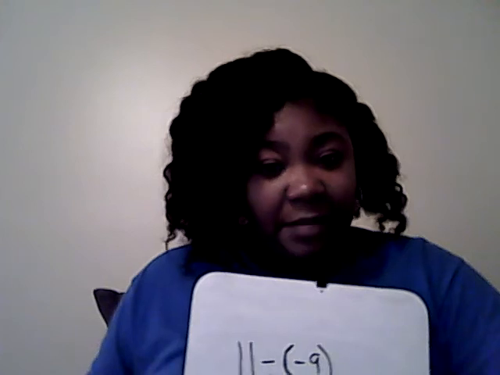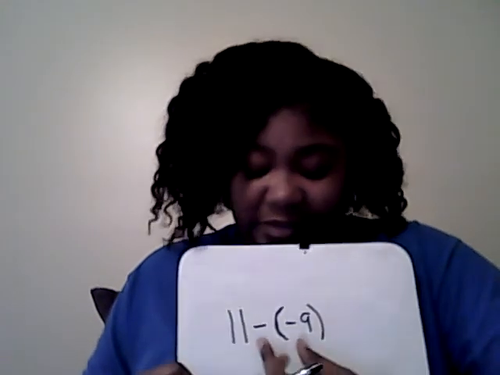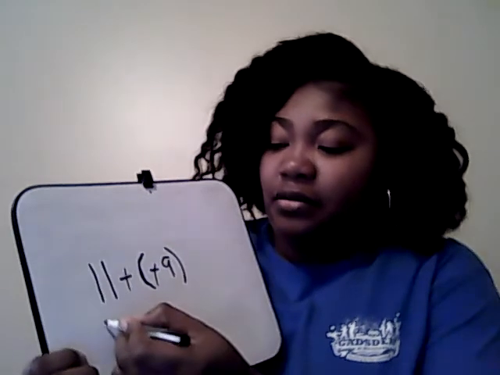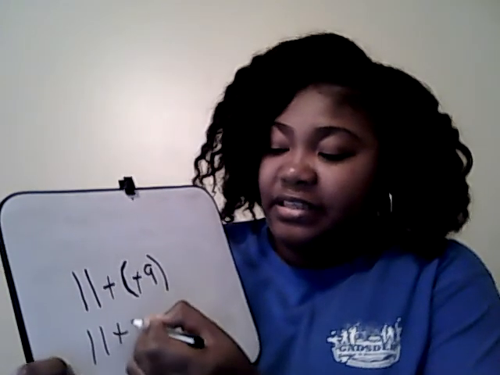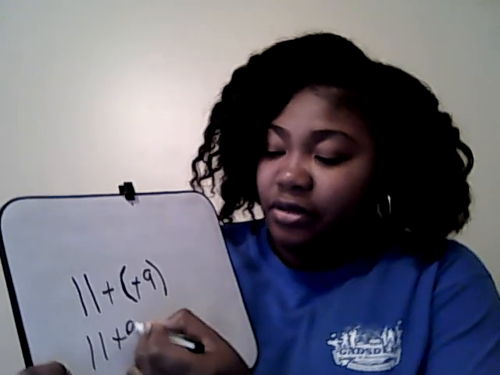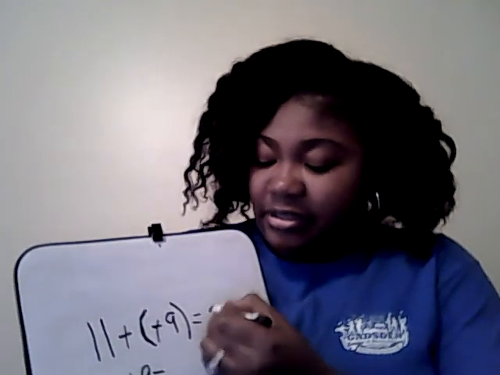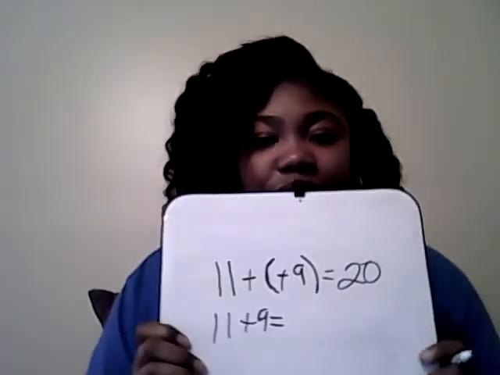We should have the hang of this now. Two negative signs side by side like that. All we're going to do is cancel out. So now we're saying 11 plus 9. And 11 plus 9 is 20.